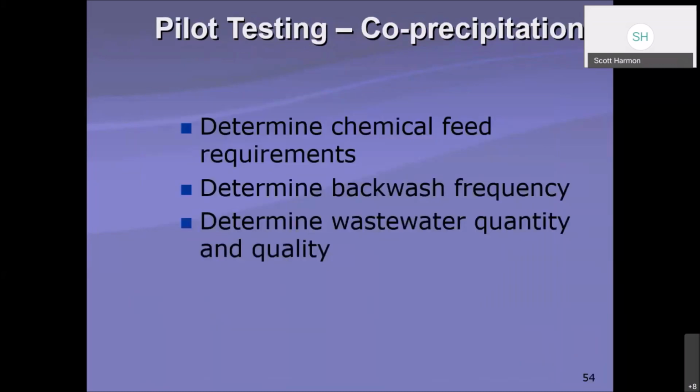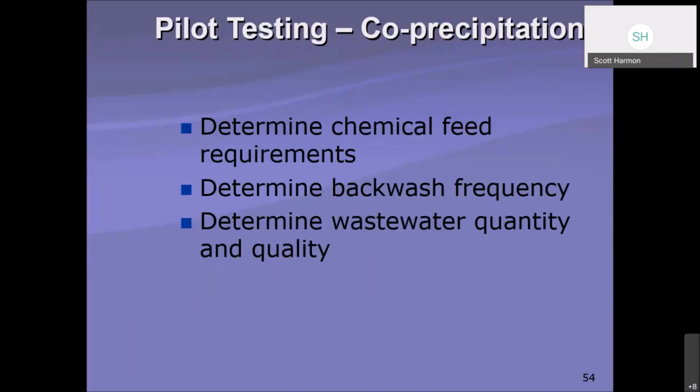So we're going to talk the next couple of slides about piloting, and most facilities, before they determined which type of treatment process to use, did pilot things. And I don't know for the people that are at the class today that are running these facilities, whether somebody piloted this before they put the full-blown treatment process in effect or not, but chances are they probably did.